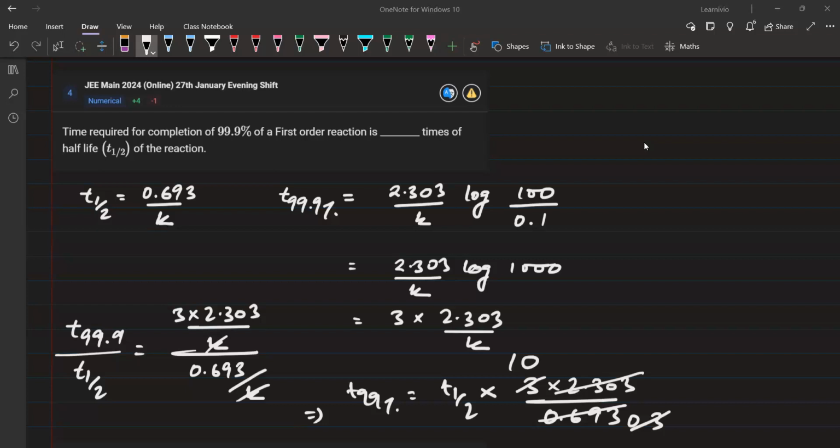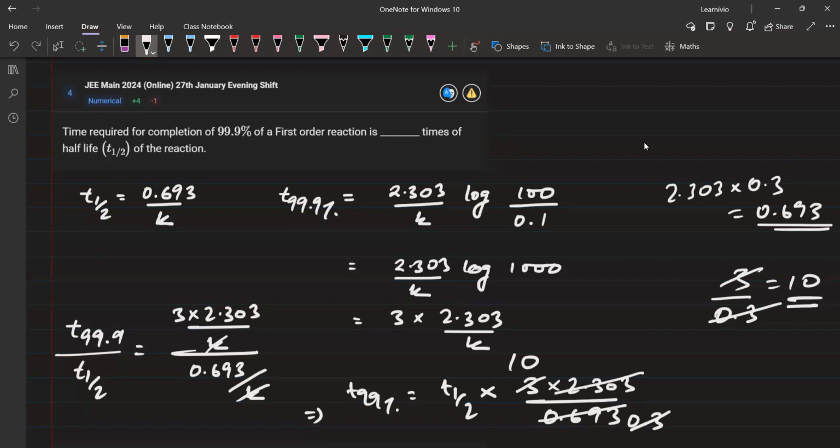T 99.9% is equal to T half into 3 into 2.303. If I multiply 2.303 into 0.3, this will be approximately equal to 0.693. So 2.303 divided by 0.3, and in the numerator we already had 3 upon 0.3. This will be equal to 10.